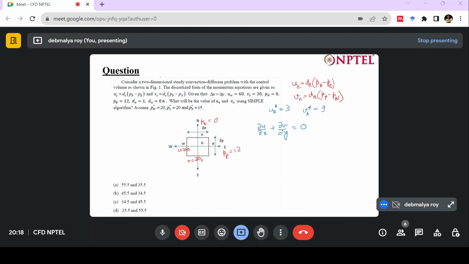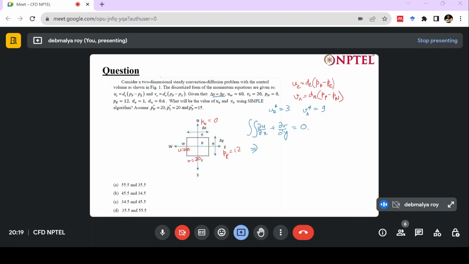If we do this double integration with respect to x and with respect to y, what we would arrive at is a delta y. Delta y and delta x, can we also assume? Yes, we can assume that, and that helps us a lot. So in the u term there will be delta y and in the v term there will be delta x.